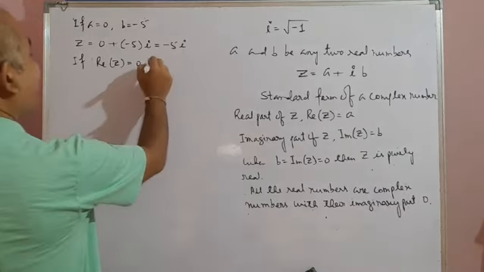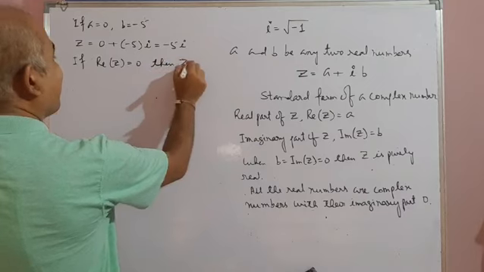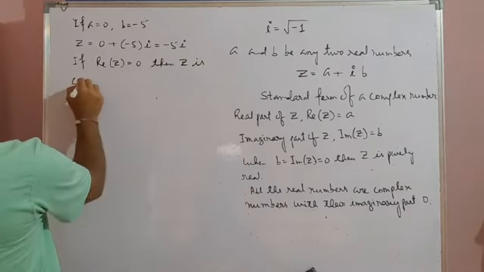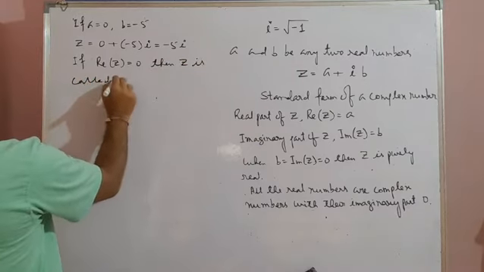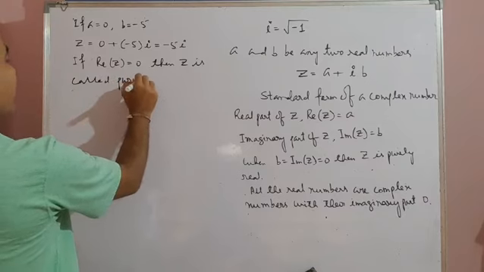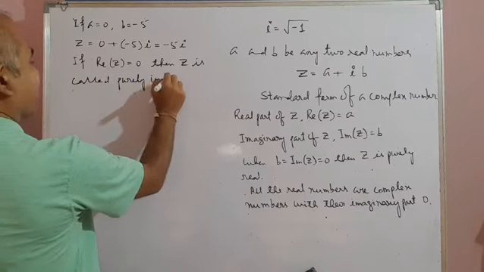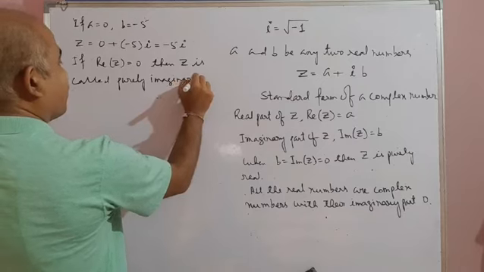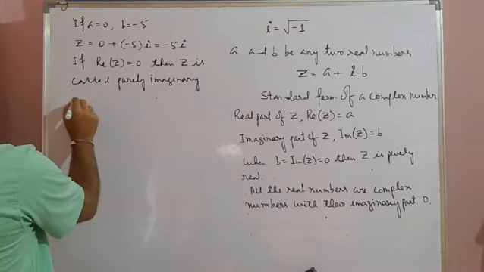Then that type of complex number z is called purely imaginary. Z is called a purely imaginary number.